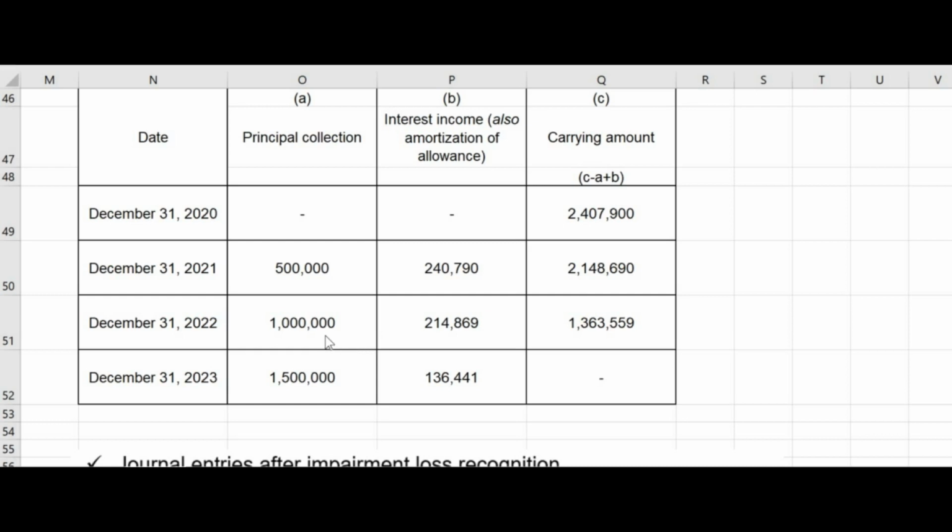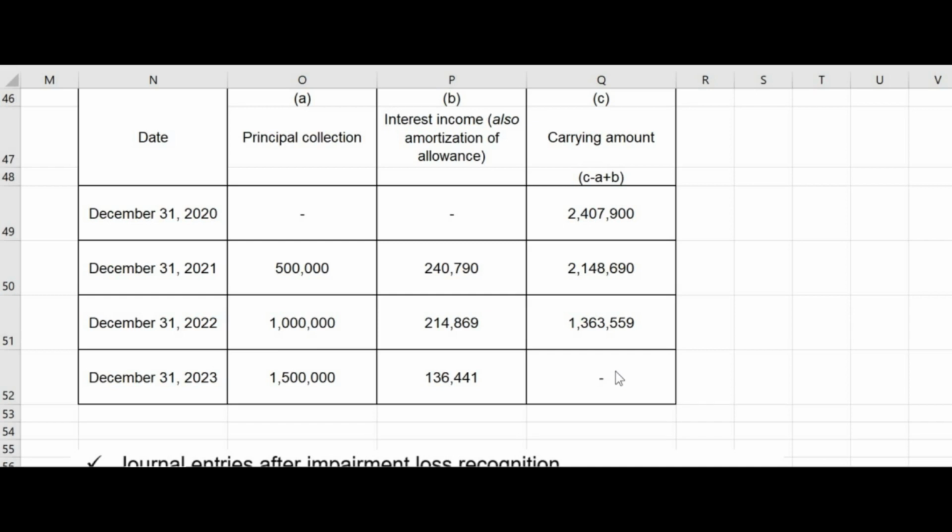i-reduce natin siya by 1 million. So, minus 1 million plus 214,869. So, you will get 1,363,559. So, at the end of this year, 2023, so dapat ma-zero out na yung carrying amount natin kasi na fully paid na ni client.